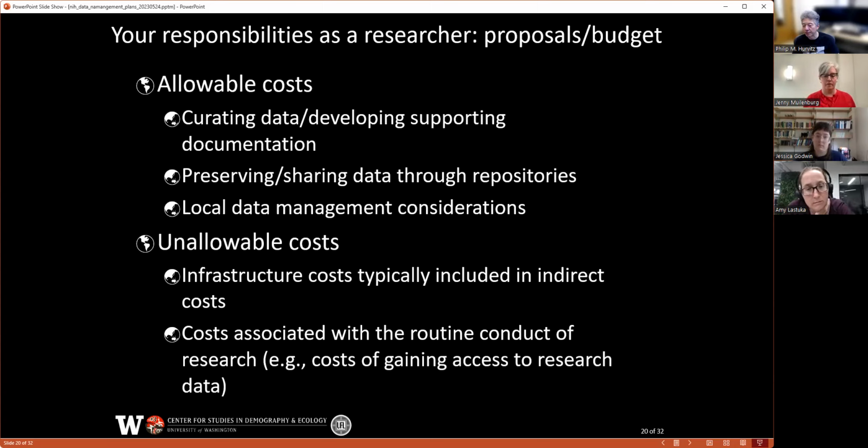For example, costs of gaining access to research data. I believe that costs of gaining access to research data can be included in the overall budget, right? So if you have to buy data from LexisNexis, or there's a cost associated with using CHS data, something like that, you can budget for that, but that is not within the budget for the DMS.